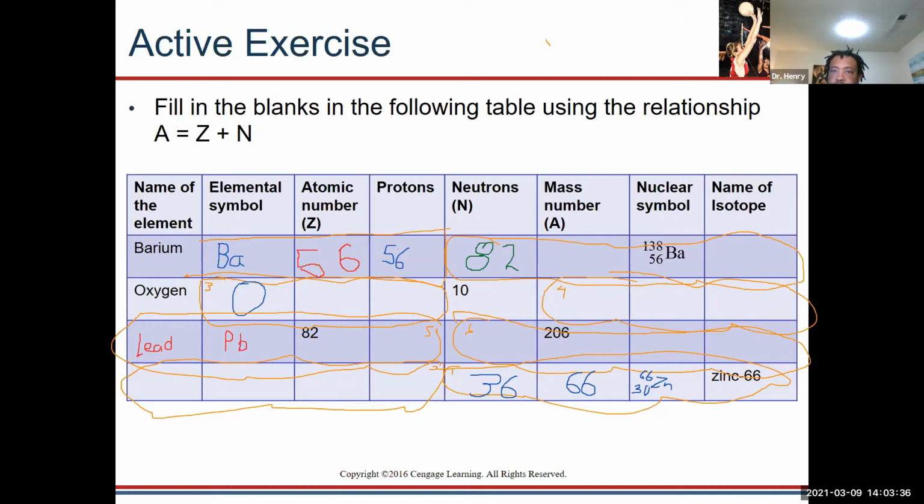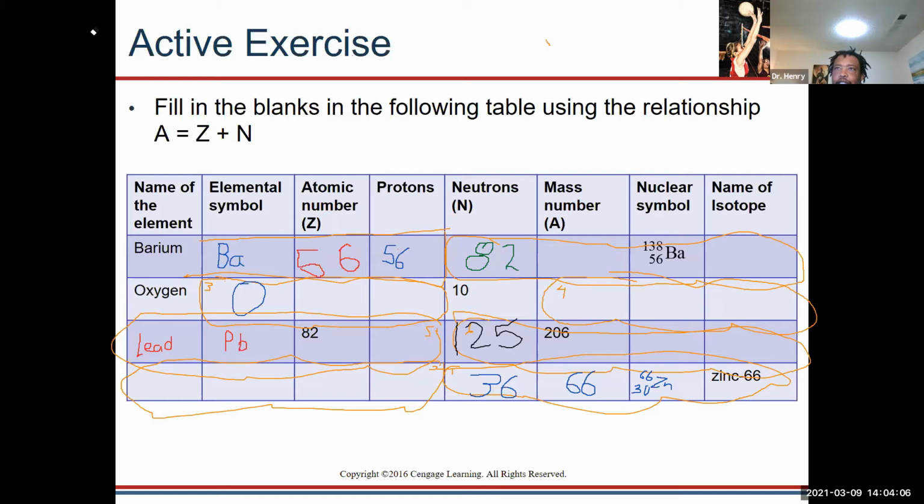Let's see. I guess I should tell you the groups. Group one was Edgar's group. Group two was Jose's group. Group three was Sienna's group.